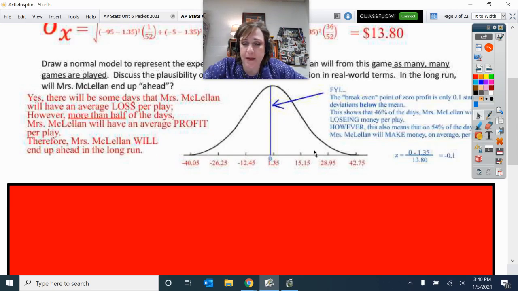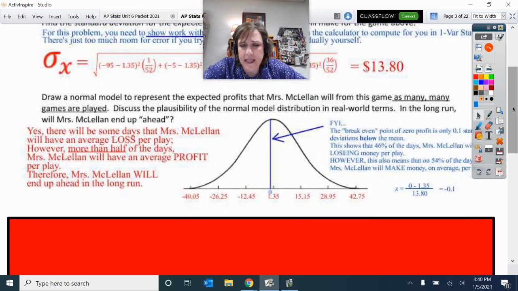So this question is, as I play many, many, many trials, in the long run, what's happening? What's the question? Let's see. Keep in mind that this blue line here is the 0. That's where I would break even.